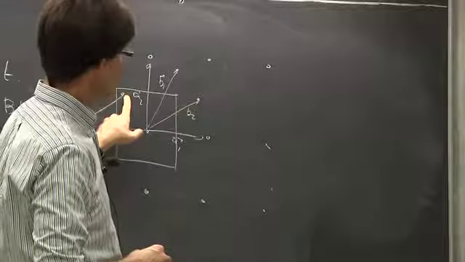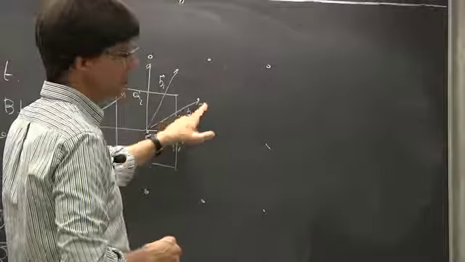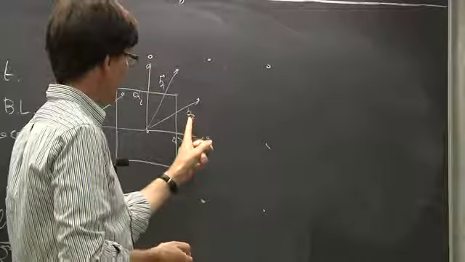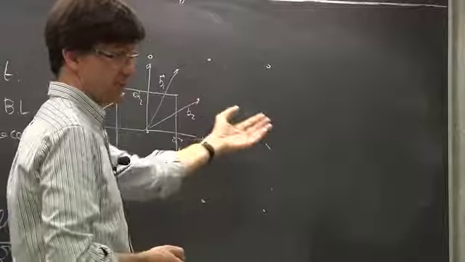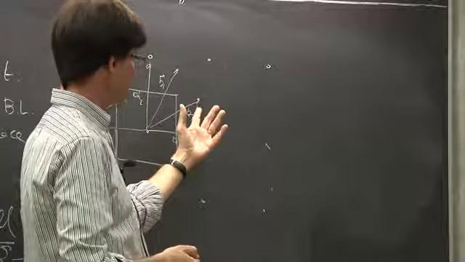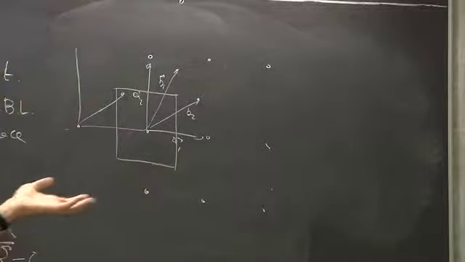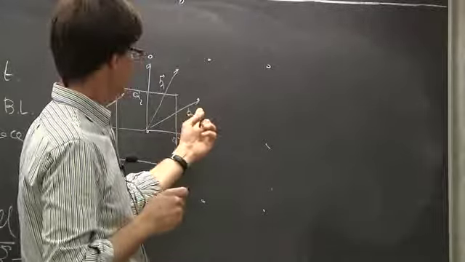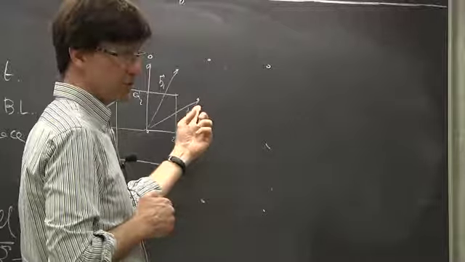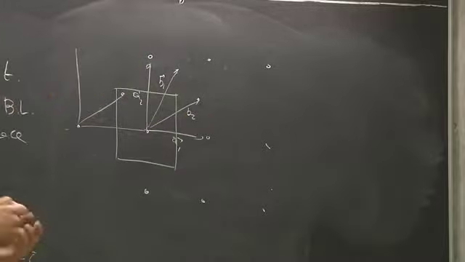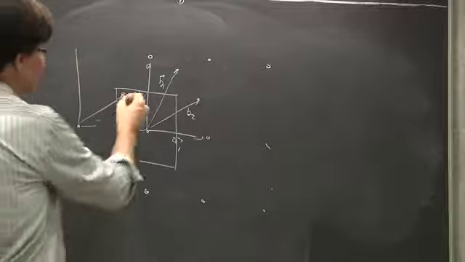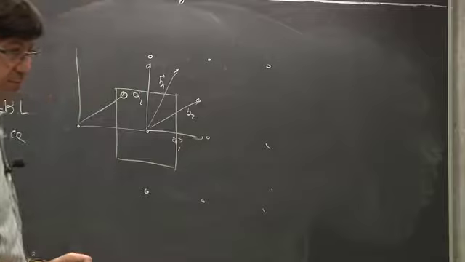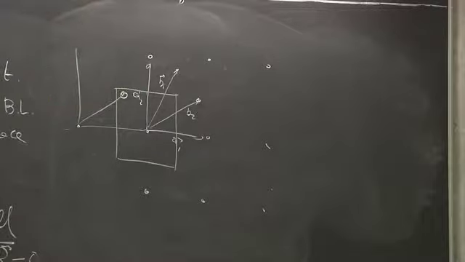To obtain the full crystal, I have to translate by all possible Bravais lattice vectors, so there will be certainly one and only one friend of B2 that falls inside the unit cell. So let me choose this one instead of this point for simplicity.